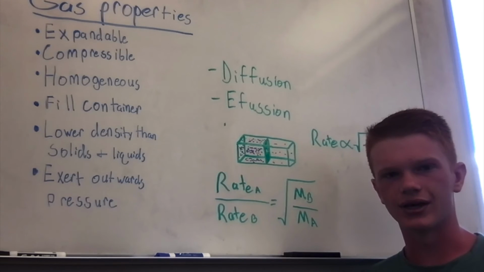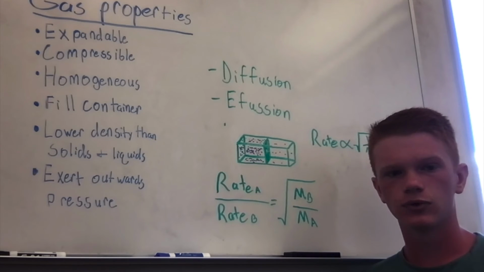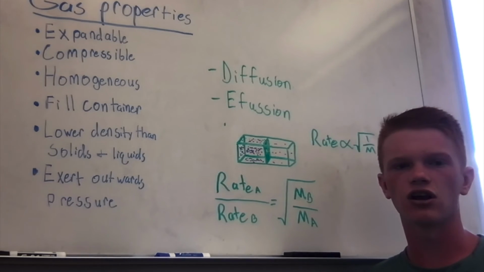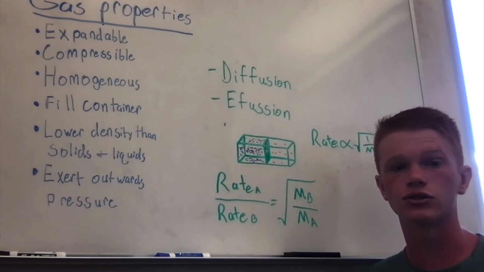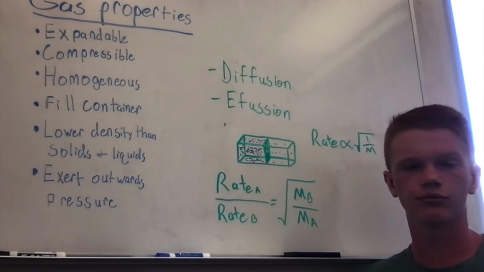So the rate is going to be smaller for oxygen, so it's going to travel slower. And that makes a lot of sense because heavier objects require more energy to move, and they generally travel a lot slower than the lighter objects that take less energy to move.